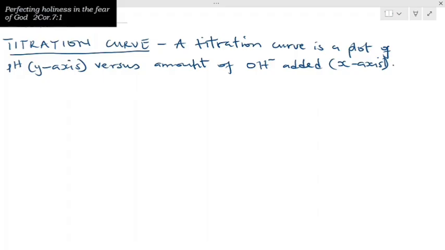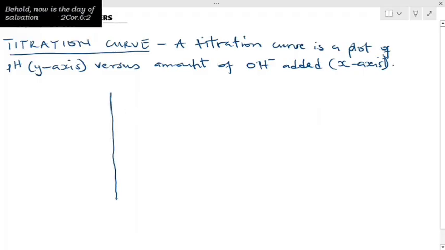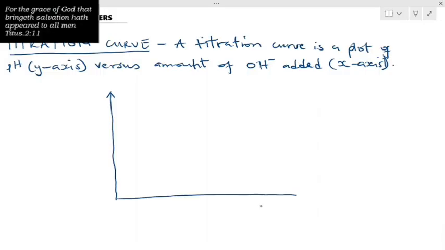And what you have is a diagram that looks like this. You have the y-axis, then the x-axis on the horizontal part.